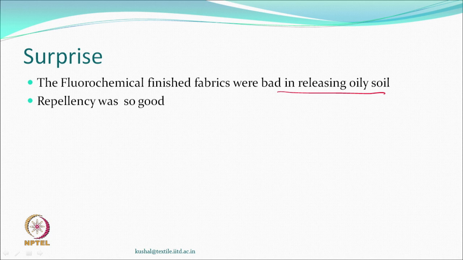A material which is so beautiful, repellency is so good, and still the soiling, if there was a soiling, it was difficult to remove. So, now what is becoming important? Such a beautiful material which was actually doing all repelling, but if its soil gets into it, difficult to remove. So, suddenly some other problems come.